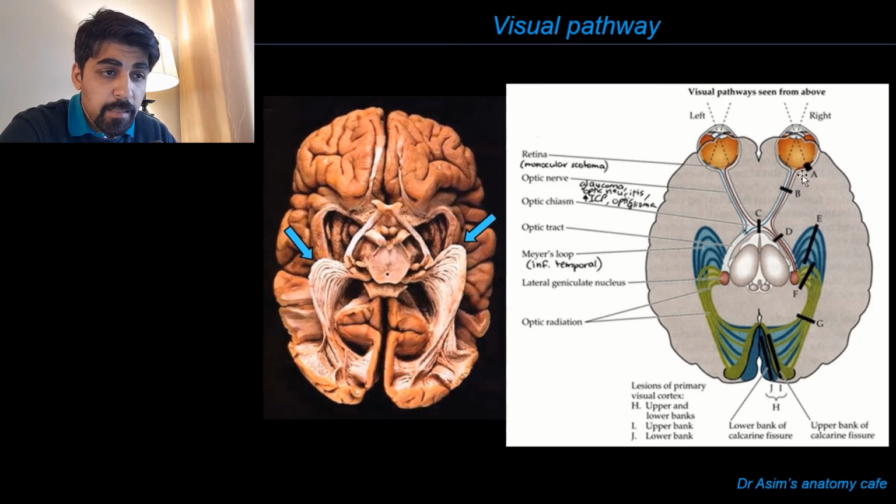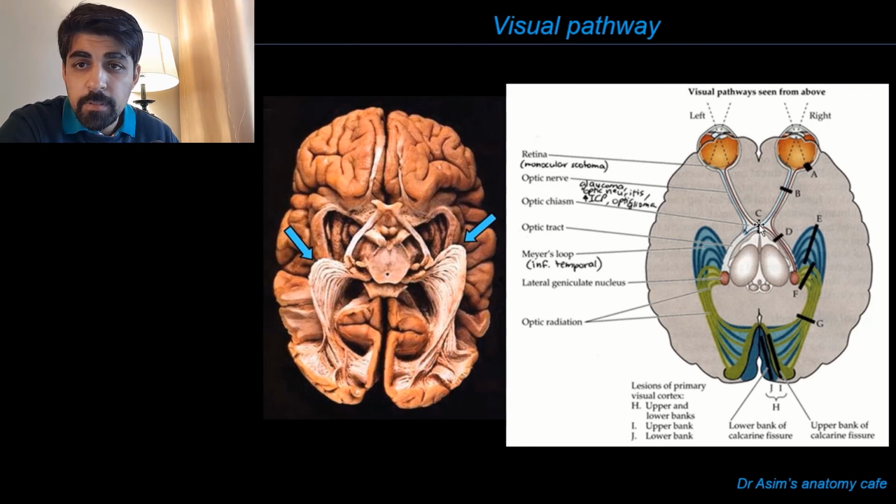And since the temporal retina here and the nasal retina over here get the left visual field projected onto them, therefore the right optic tract receives information about the left visual field. And if we apply the same logic over here on the left side, we will see that the left optic tract will be receiving information about the right visual field. And you can do the math and check if that's true or not.